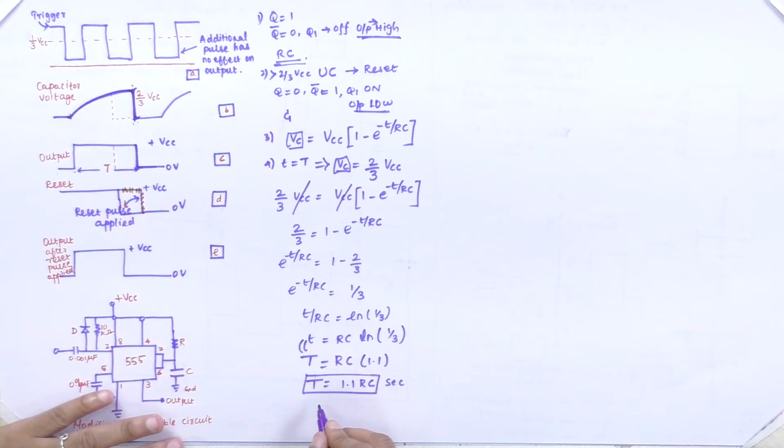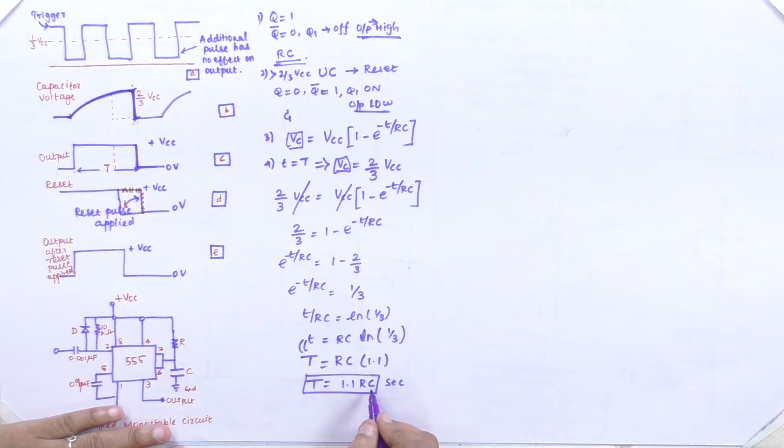So based on this, now your time interval T depends on the R and C component and is independent of the supply voltage.